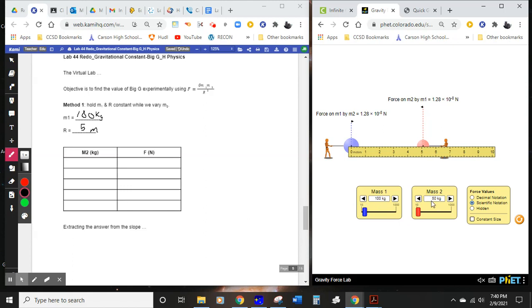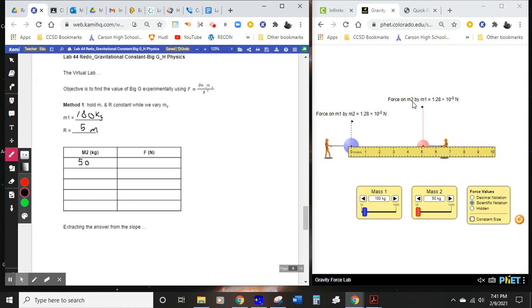So M2 is 50. We'll put 50 here like so. I can't write this very well, bad cursor. Now what's F? Up here is the force of M1 by M2, and this is the force of M2 by M1.